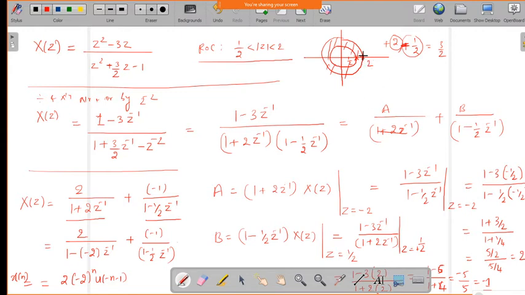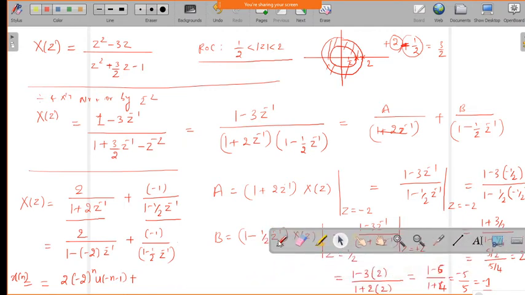And half is a right sided signal, so we can write that as minus 1 into half power n into u of n. So now this is your x of n, the time domain signal.